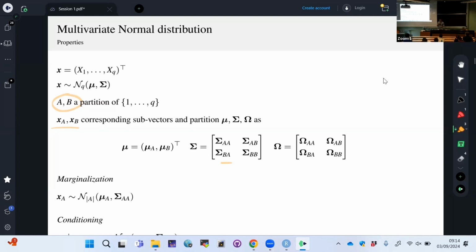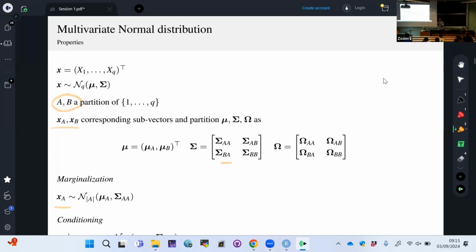A first property of the multivariate normal distribution is that it is closed under marginalization, meaning that if we consider the marginal distribution of X_A, so the joint distribution of variables in set A, this is still multivariate normal, with which dimension?